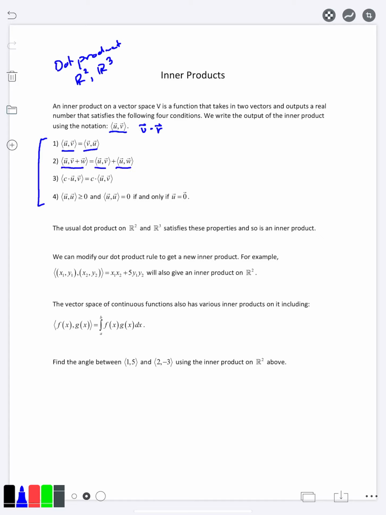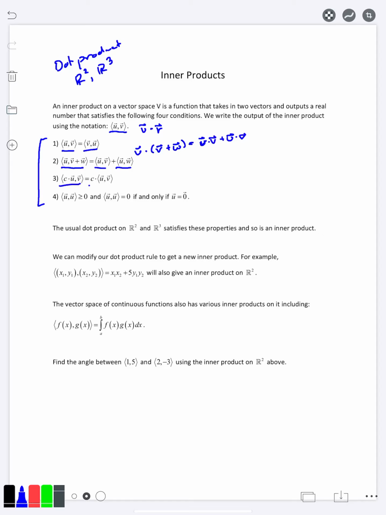We also want it to be, maybe call this additive here, in that if you're adding vectors inside, or you can also call it distributive, think about this in terms of dot product. We want to be able to distribute in, and that's what property 2 is telling us.